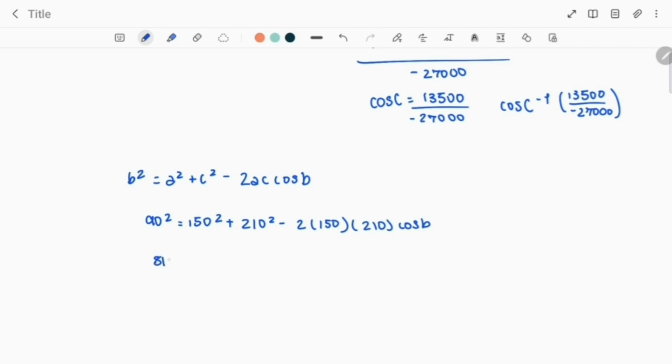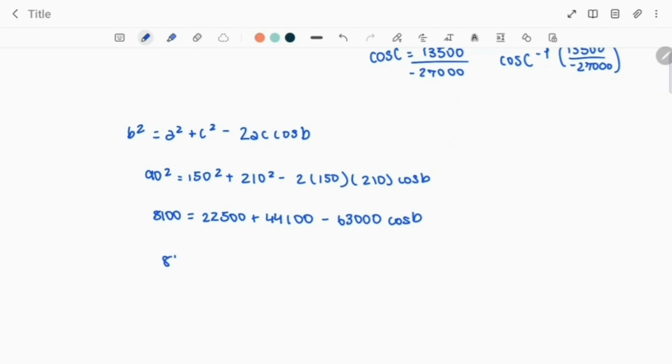We'll get 8,100 is equal to 22,500 plus 44,100 minus 63,000 cosine of b. 8,100 is equal to 66,600 minus 63,000 cosine of b.